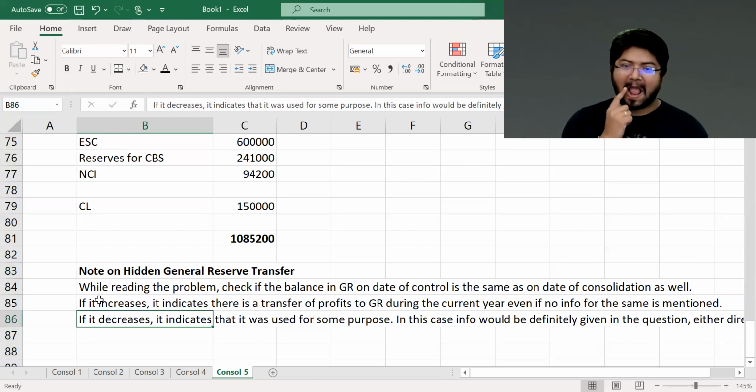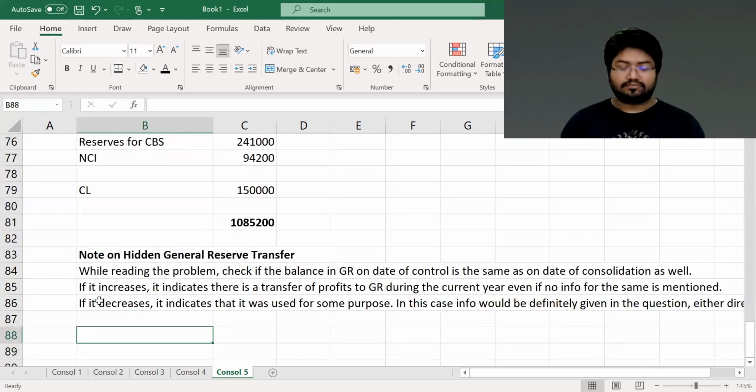Is that clear? Yes, sir. So this is with respect to the note on hidden general reserve transfers.